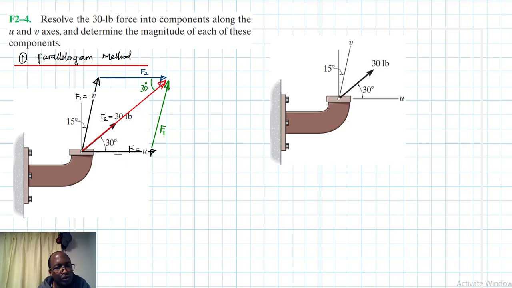Let's find this angle first. The angle in between is equal to 90 minus 30 minus 15, which is equal to 45.